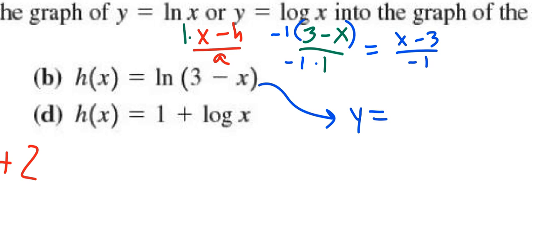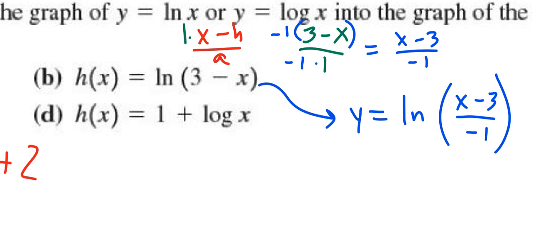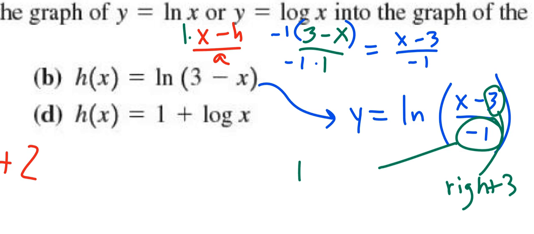Y equals the natural log of (x minus 3) over negative 1. Now, why would I want to write it that way? So that we could easily see that it has moved right 3. And because we multiplied the x's by negative 1, that is a reflection across the y-axis.